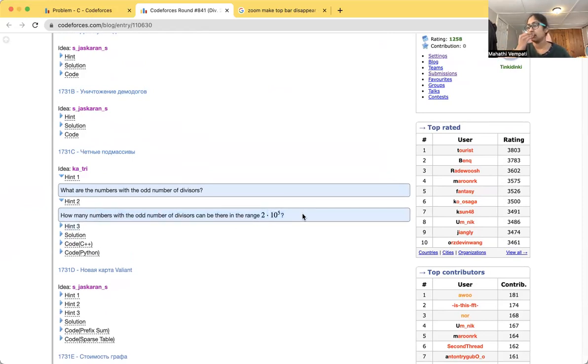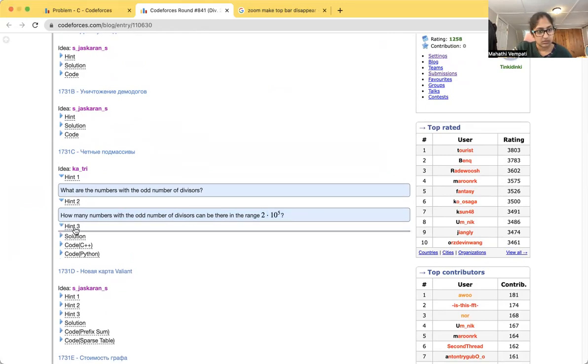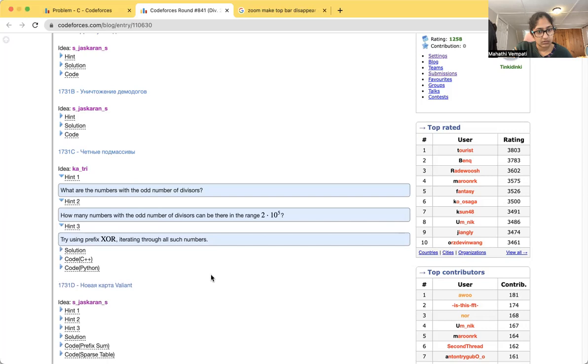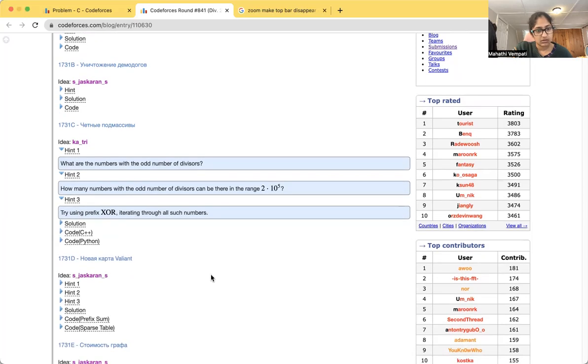This also I realized, root n squares can be there. Try to use prefix... literally I have all the parts. What am I not doing right?